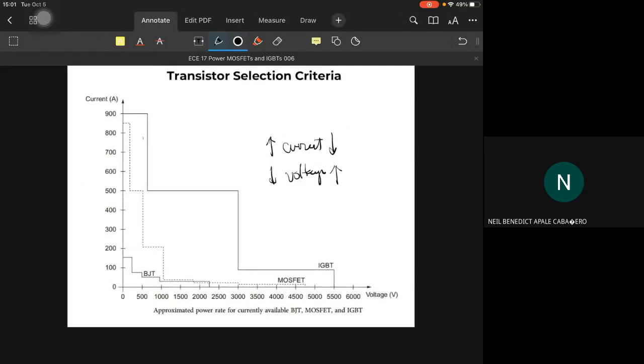Okay, so this ends our topic on MOSFETs and IGBTs. Any questions so far? For the most part, you should understand based on the visuals presented this afternoon.